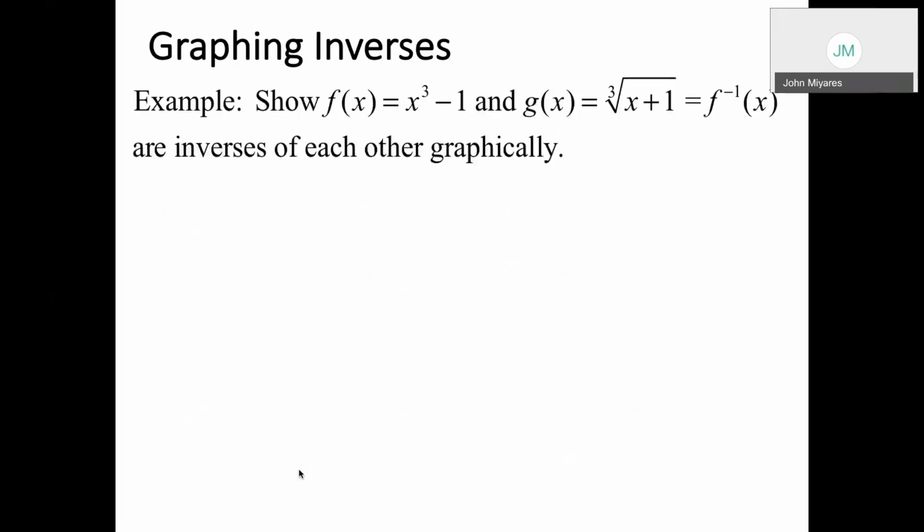Let's say we want to show that the two functions f of x equals x cubed minus 1 and g of x equals the cube root of the quantity x plus 1 are going to be inverses of each other graphically. Now notice I can also use this notation with the f to the minus 1 of x to describe that this function g is going to be the inverse of function f.